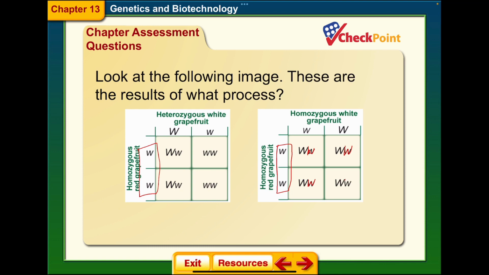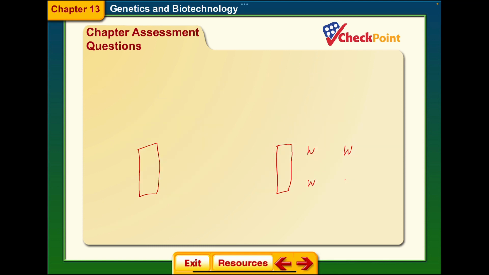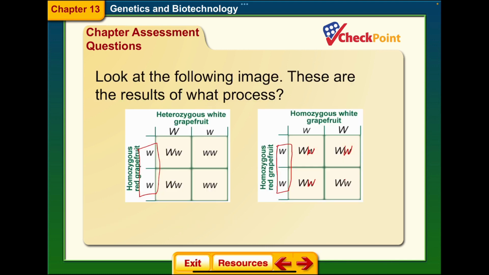Oh yeah, they are. Okay, cool. So we have the homozygous recessive, in small letters. Then in one, we took the heterozygous white grapefruit and the homozygous white grapefruit and did a cross. We found out the phenotype of the offspring, and that helped us to identify the genotype of the parents.